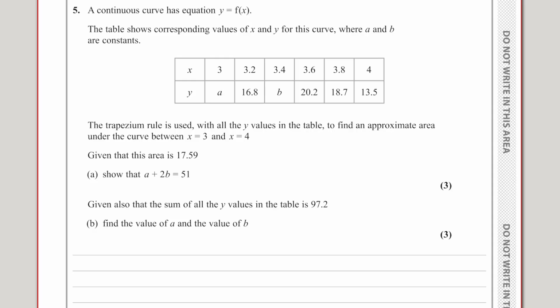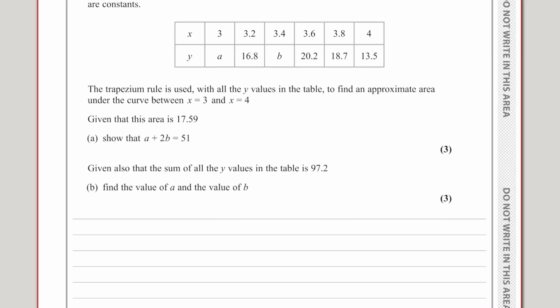Given that this area is 17.59, show that a plus 2b equals 51. So we're going to use the trapezium rule with our two missing numbers in it, and then we should be able to get to a plus 2b equals 51.